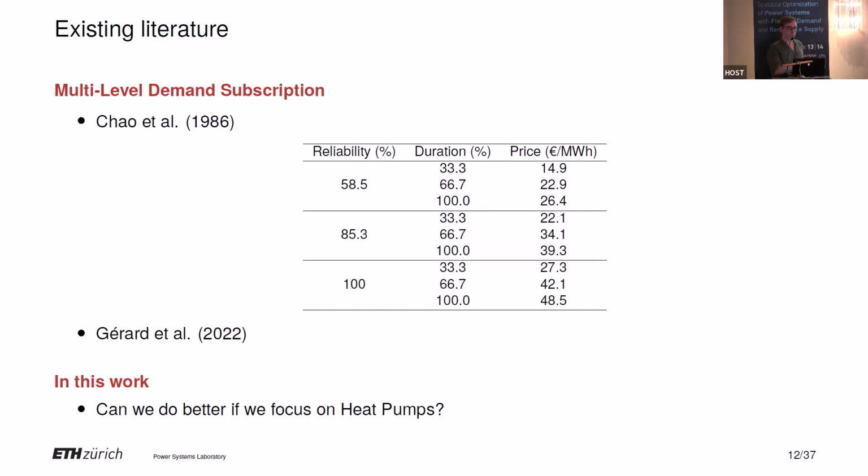And also some work has been done in our group where it has been shown that indeed in this case, it's a little bit as if you integrate an energy charge. And this indeed improves efficiency, but at the same time, it also increases complexity a lot.